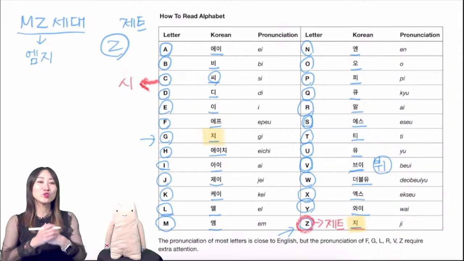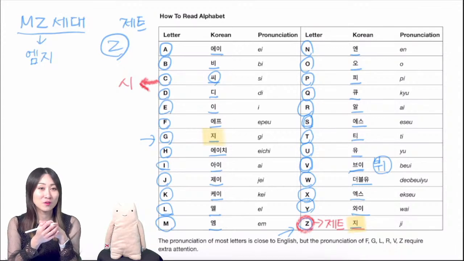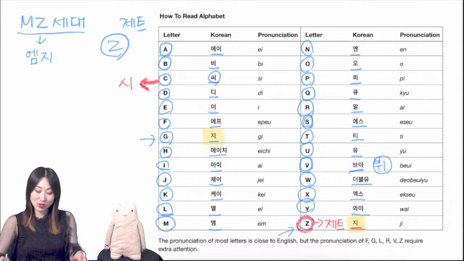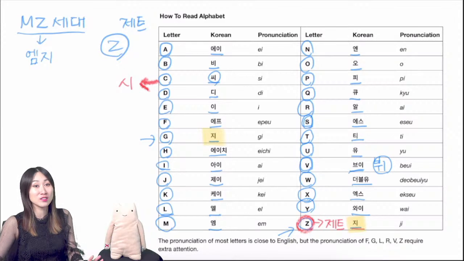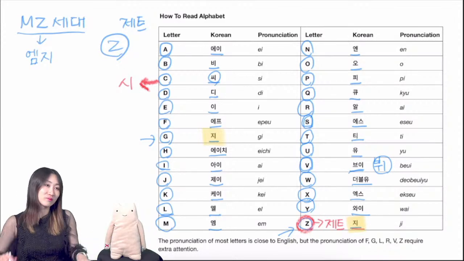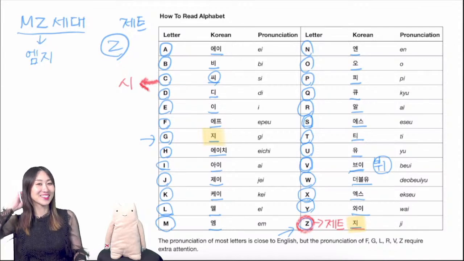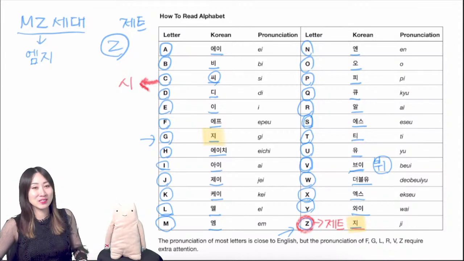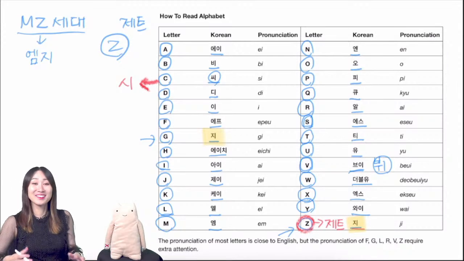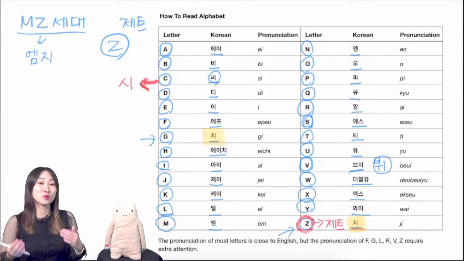Okay, so why do you need to know this alphabet even if you speak English? You can just say the alphabets in English pronunciation, like CNN, BBC.